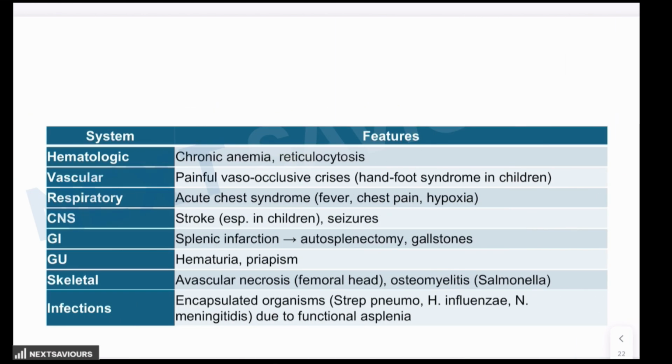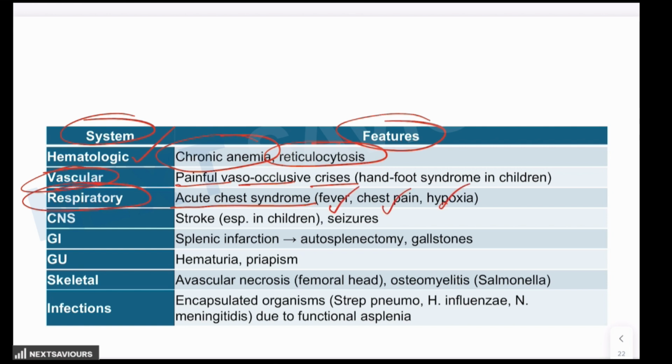Now, also provided to you in the explanation are the important systemic features related to sickle cell disease. One is obviously the hematologic: chronic anemia and reticulocytosis. Vascular occlusion will result in painful vaso-occlusive crisis. Respiratory involvement is manifested as acute chest syndrome, characterized by fever, chest pain, and hypoxia.